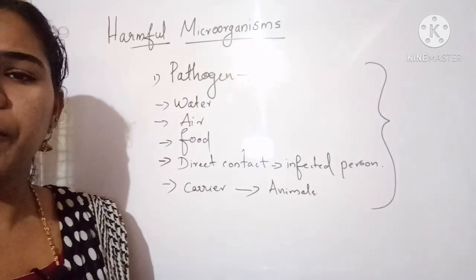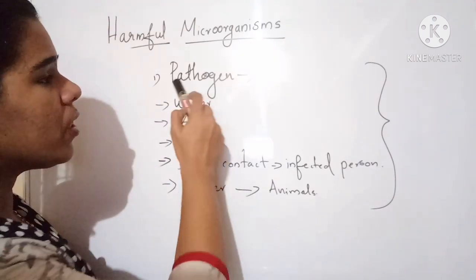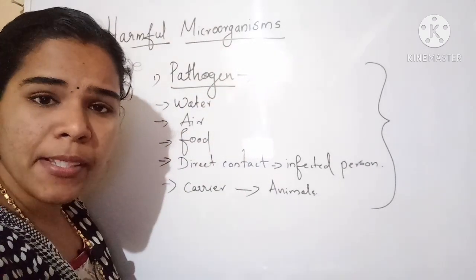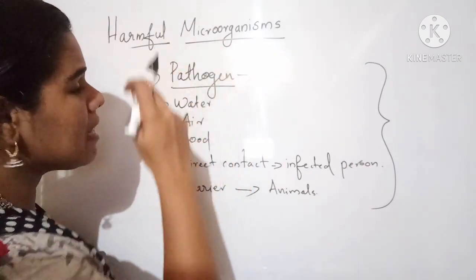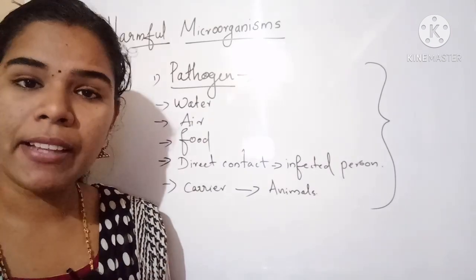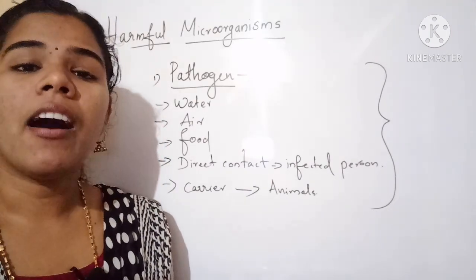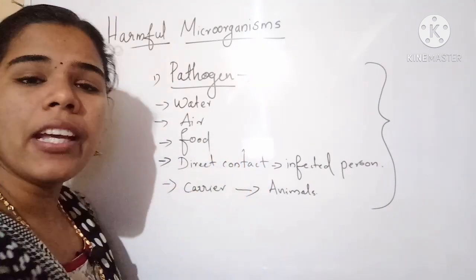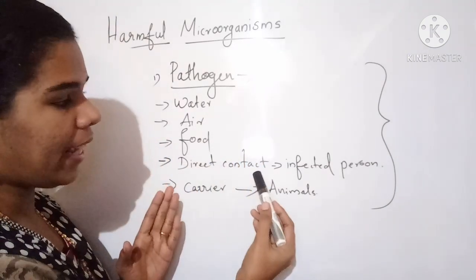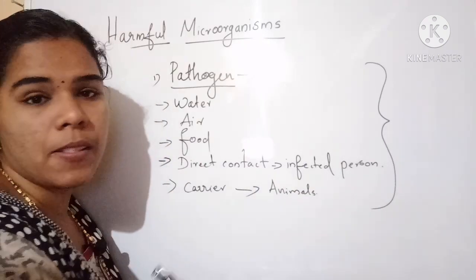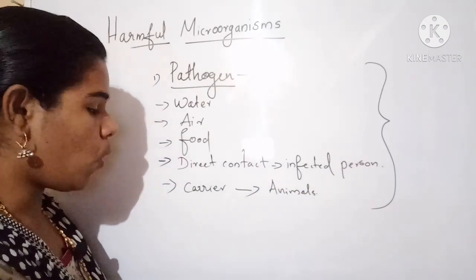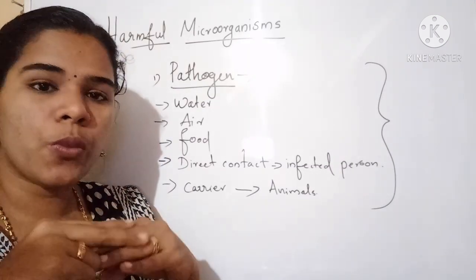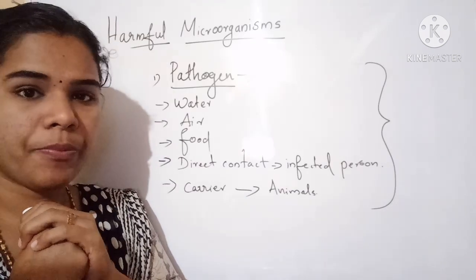So these are the main sources. The pathogens, which means disease causing microorganisms, can enter our body through water, air, food, and direct contact with an infected person. Direct contact, when we touch an infected person, the pathogen will be transmitted.